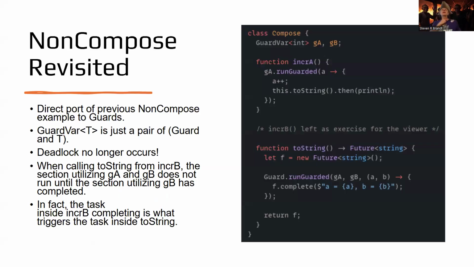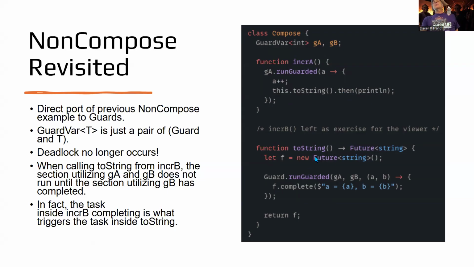So we had this non-composable example, right? With anchor A and anchor B, and we had locks around it. This time we're going to have guard var, which is a sort of wrapper around a value, and we're going to have GA and GB. And anchor A is going to call run guarded, and it's going to give it a lambda that increments A and then calls the toString method, right? And the way this toString method is going to work, though, is it's going to be asynchronous. So we have a dot then println, okay?